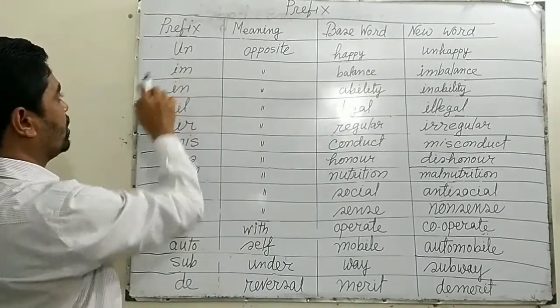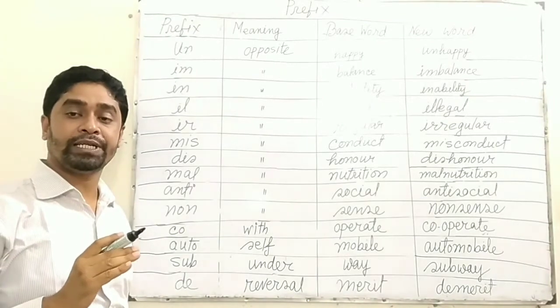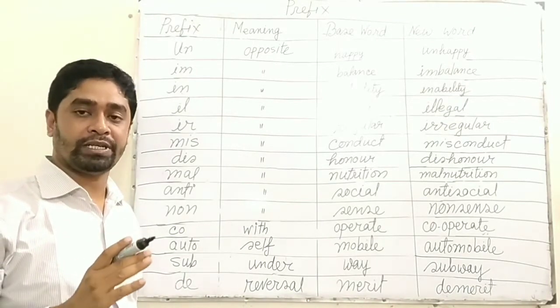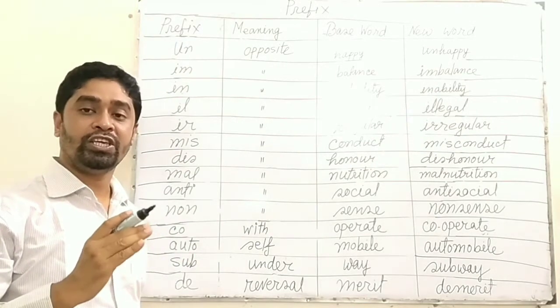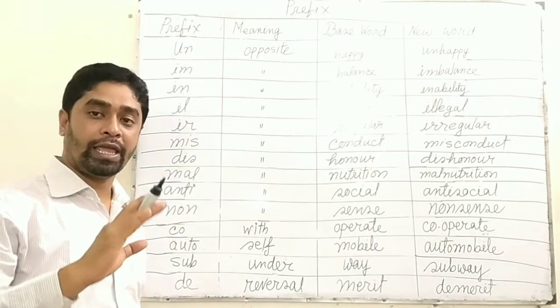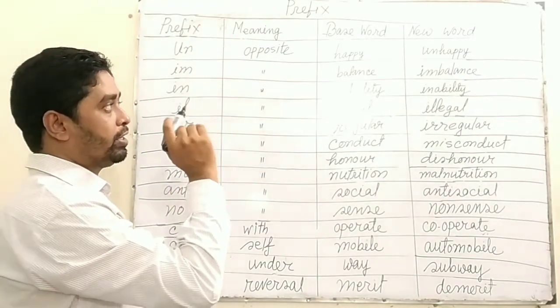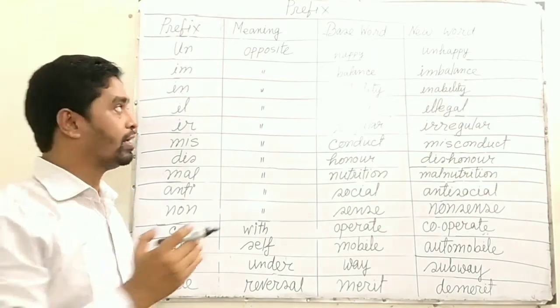At first, un expresses the opposite meaning, like happy. If we add un before happy, then it creates the opposite word, unhappy.